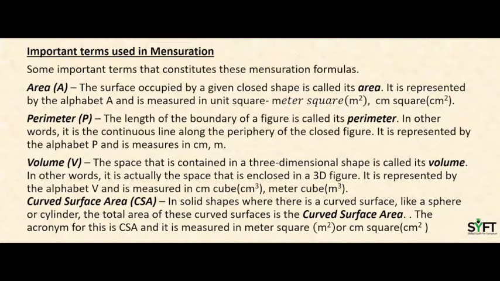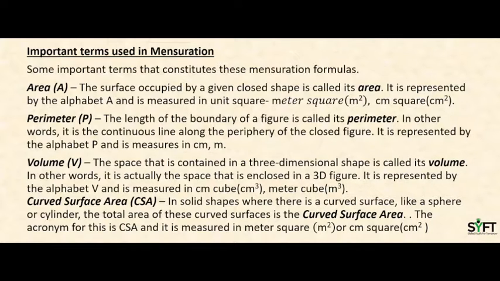Volume. The space that is contained in a three-dimensional shape is called its volume. In other words, it is the space that is enclosed in a 3D figure. It is represented by the alphabet V and is measured in centimeter cube and meter cube. Curved surface area, CSA.